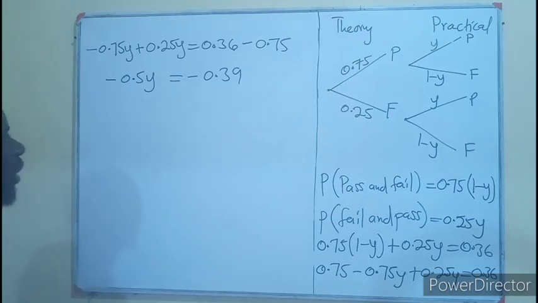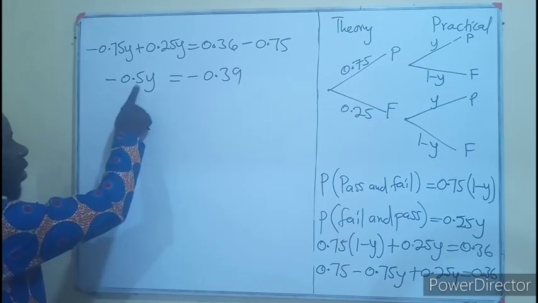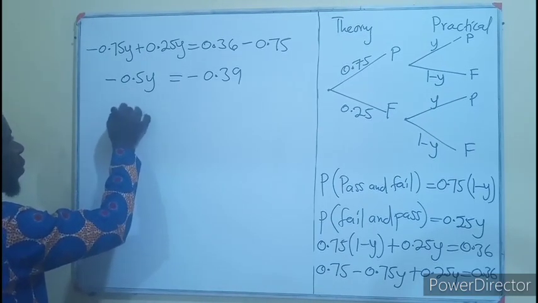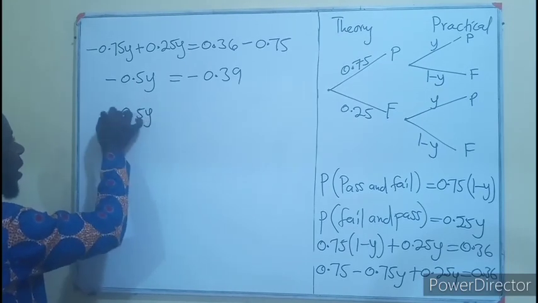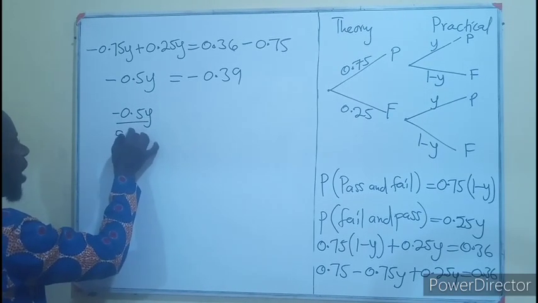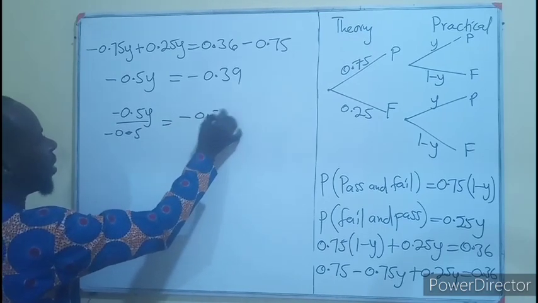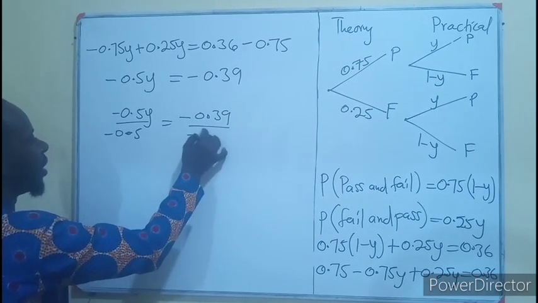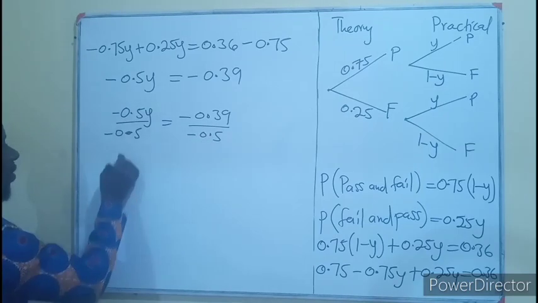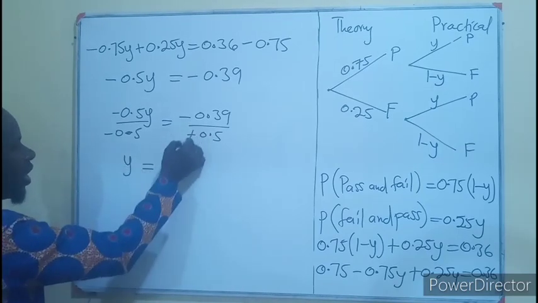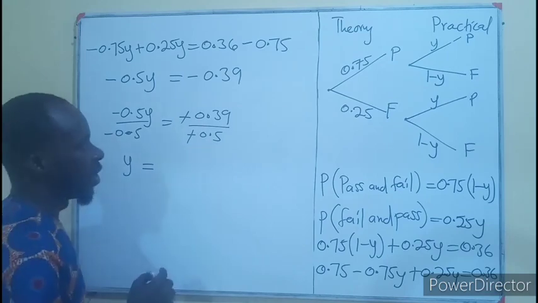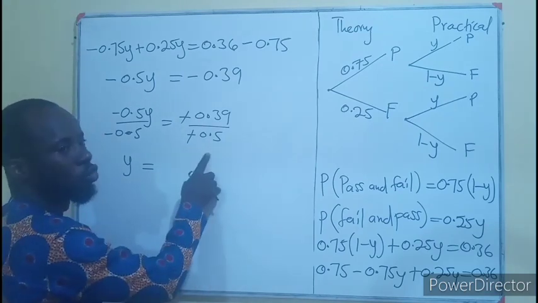But we are looking for y. So we divide through by negative 0.5. So negative 0.5y over negative 0.5 equals negative 0.39 over negative 0.5. I think this will cancel. Y will be equal to, the negatives will cancel. 0.5 is the same as 1 over 2.